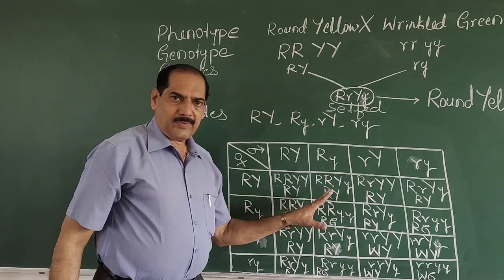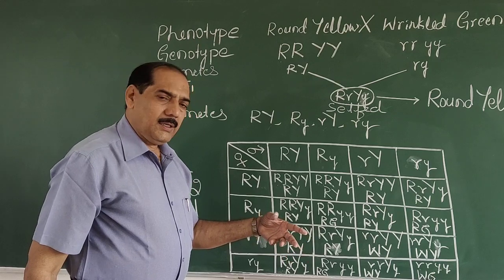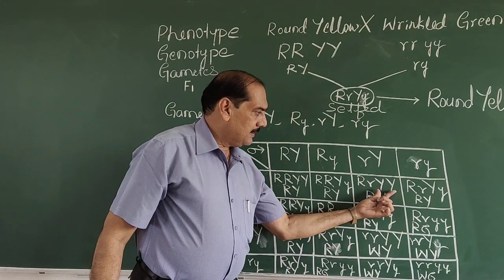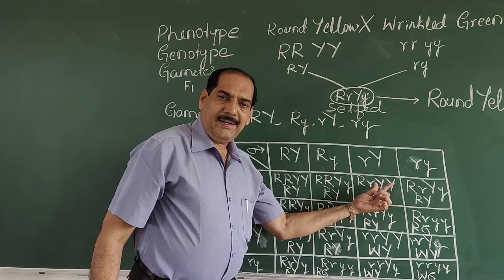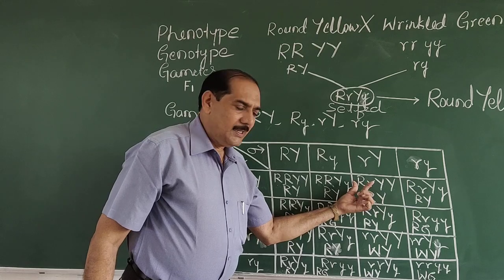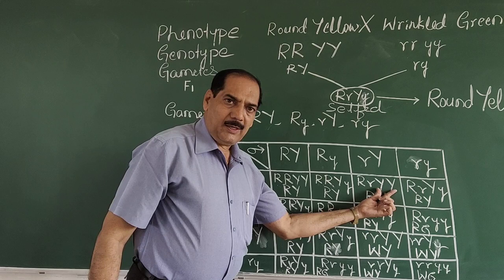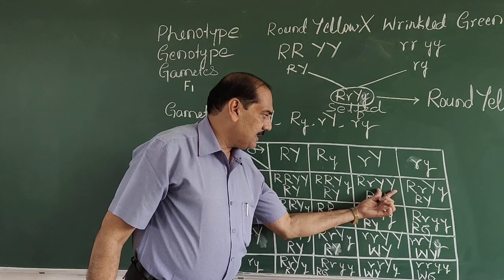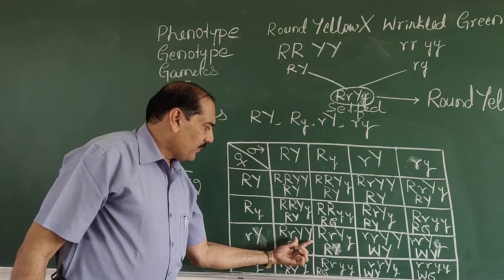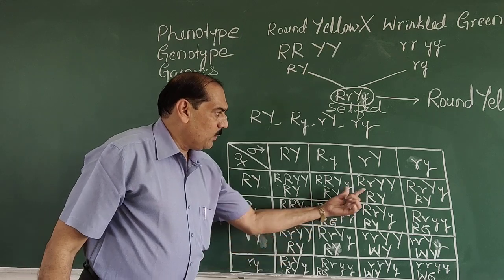In round yellow, how many have 2 dominant regarding color, and then how many dominant regarding the shape of the seed? Here 2 are responsible for the color dominant. This is 1, and one more here. It also has color 2 dominants, in shape 1 dominant, 1 recessive.